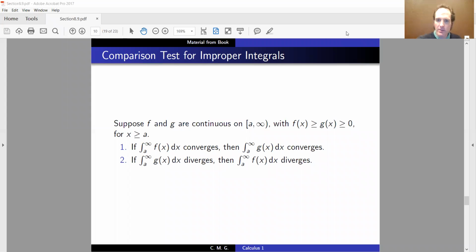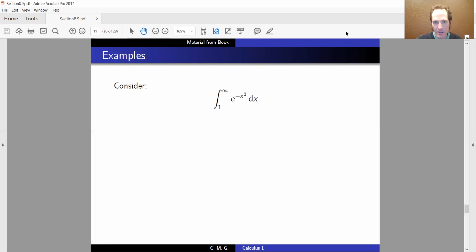Okay. So when you're looking at this, you want to start by thinking, do I have something that is convergent or divergent? What do I think? And so you look at this thing and you say, do you think this is convergent or divergent? In this situation, maybe you don't know, but you can compare it and say, look, it's less than e to the negative x.